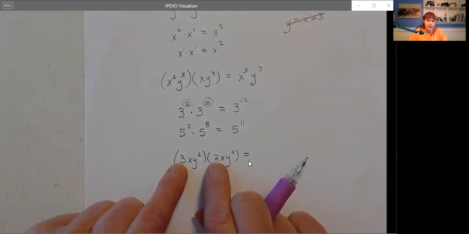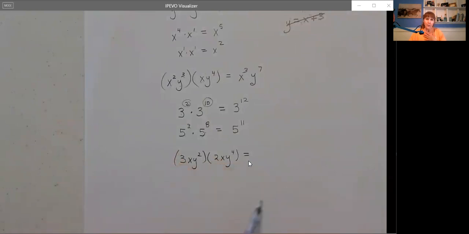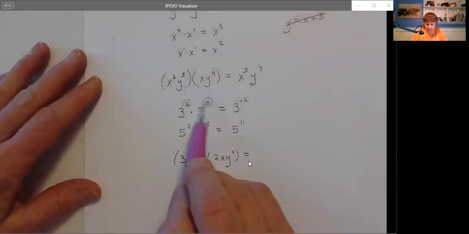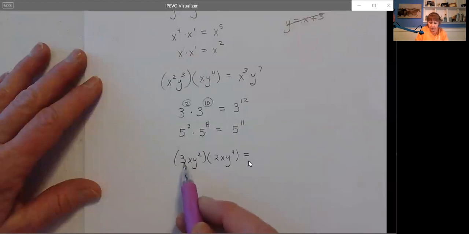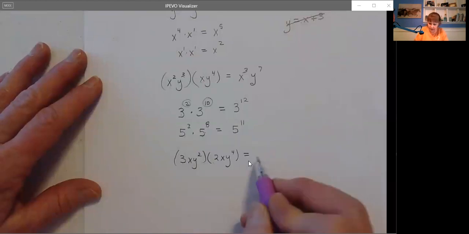Well, for one thing, the bases aren't the same. This is a 3 and this is a 2. What I'm going to do instead is actually multiply those two together. I'm going to take the 3 times the 2. I'm not messing with their exponents. If you do add the exponents, you do keep the base the same. But I'm just going to multiply 3 times 2 and get 6.